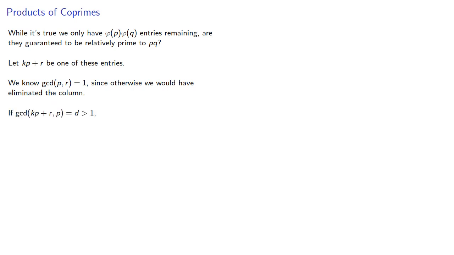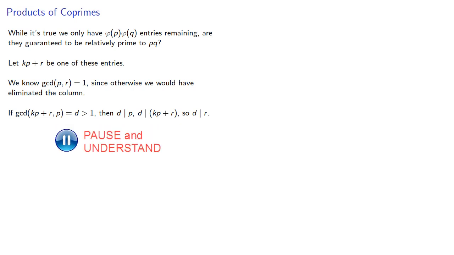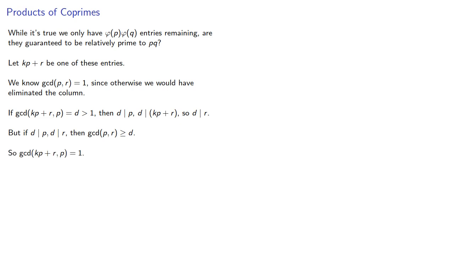If the greatest common divisor of kp plus r and p is d greater than 1, then d would have to divide p and kp plus r, and so d divides r. But if d divides p and d divides r, then the greatest common divisor of p and r is going to be at least d, and so the greatest common divisor of kp plus r and p must be 1.